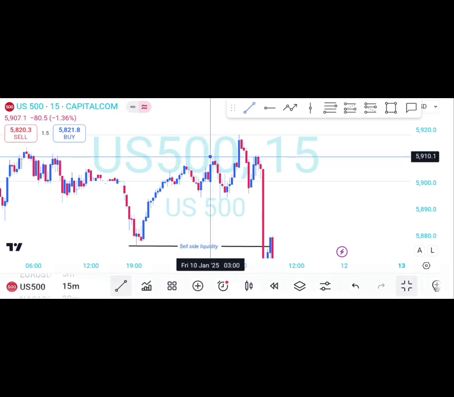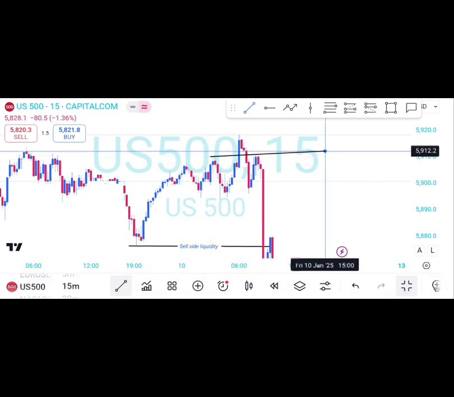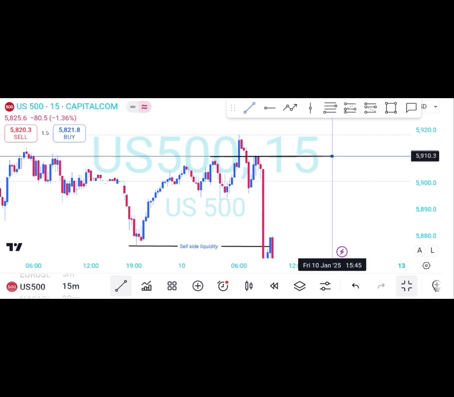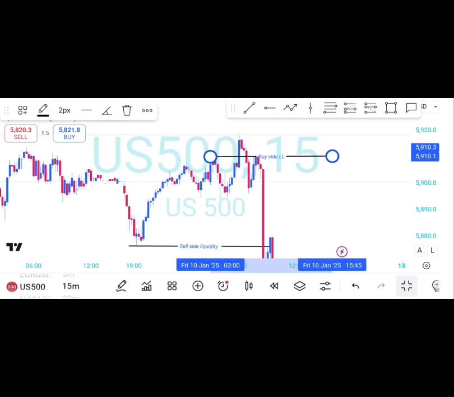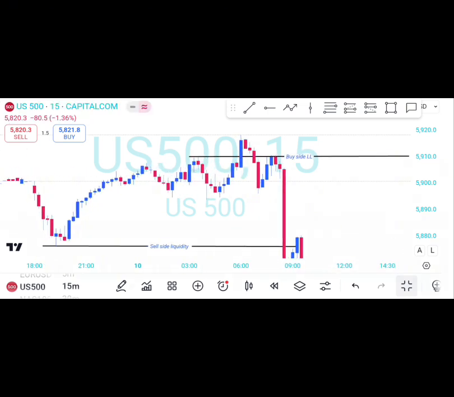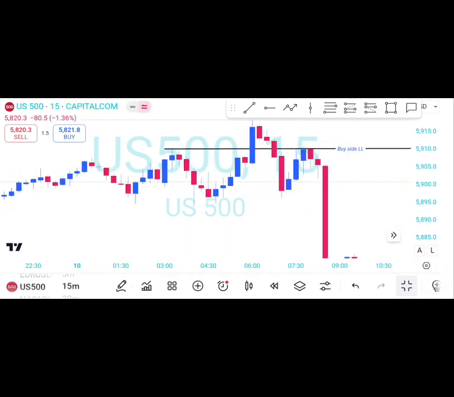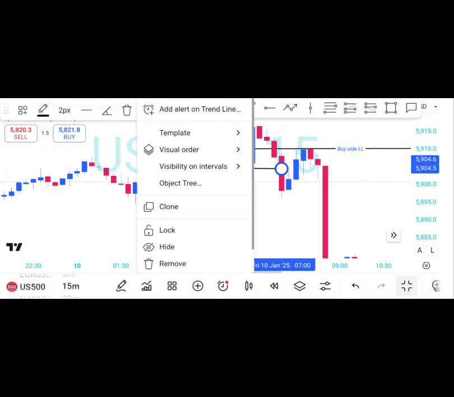So that's the buy side liquidity. And what did price do? Price traded below this low, which gave us a bearish market structure shift.